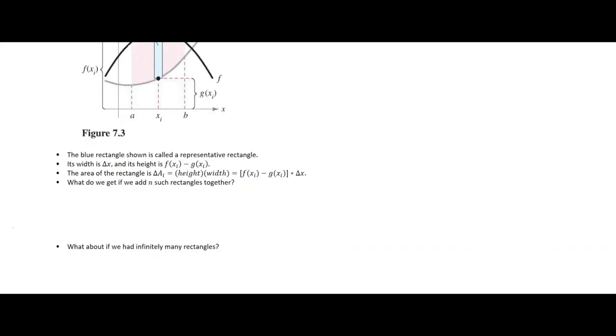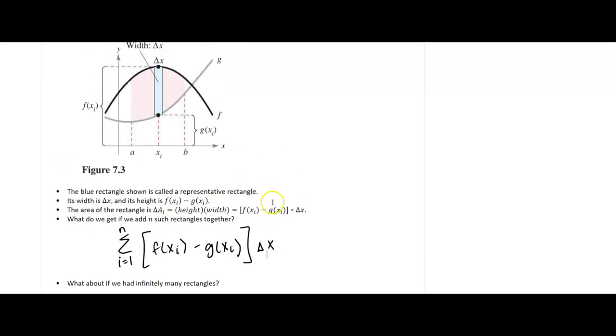Its height is the difference between g and f. To find the area of that individual rectangle, we multiply the height and the width together. If you add n of those rectangles together, you have the sum from i equals 1 to n of f of x sub i minus g of x sub i times delta x.